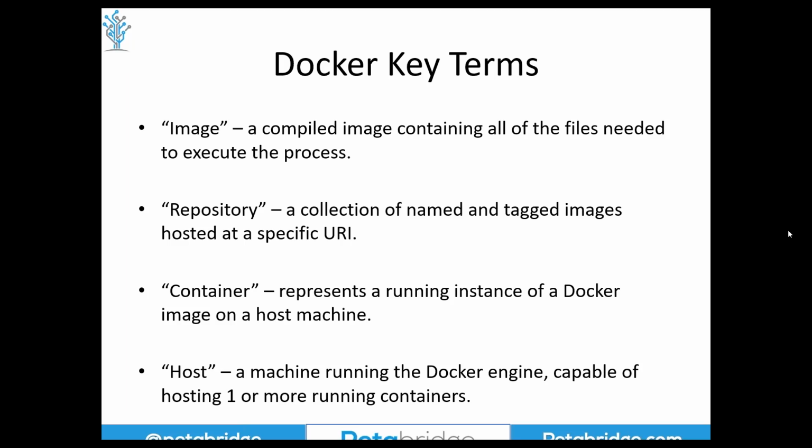The next big thing that we need is a repository. A repository is a collection of named and tagged images. So just like how a NuGet package has a name, a NuGet package also has a version specifying which version of the image you're running. That's what the purpose of Docker tags is. And so the way we're rolling out these software updates to Kubernetes is we're essentially telling Kubernetes, use the newest available version of this image.